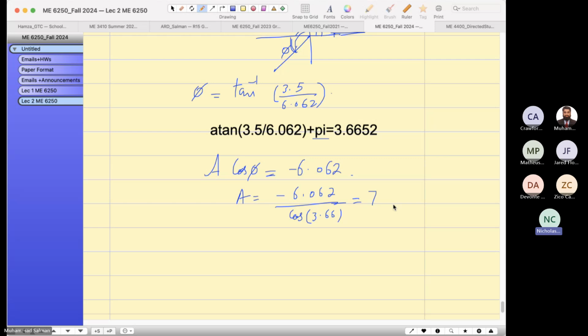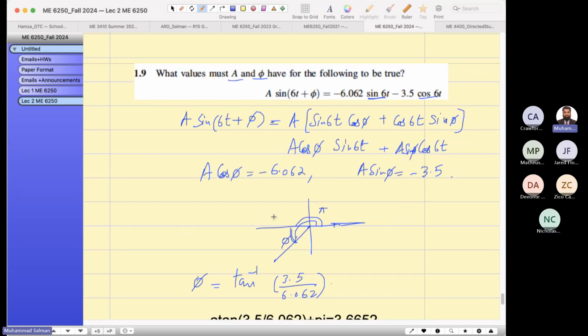But phi could be any integer n, I thought. So you see the cosine phi is negative, sine phi is negative, so they are in the third quadrant. I believe that's what it is.